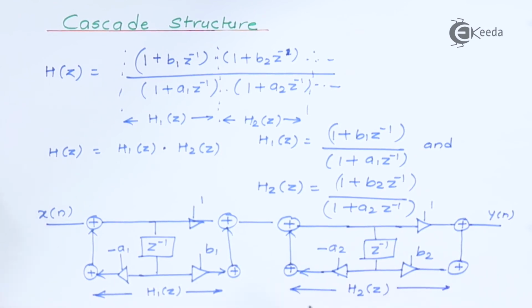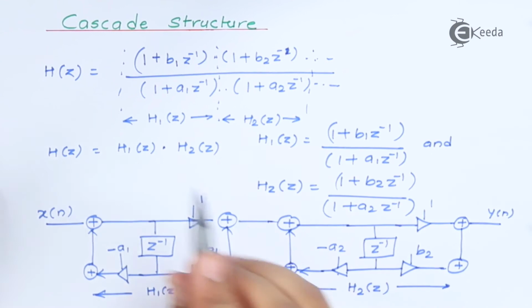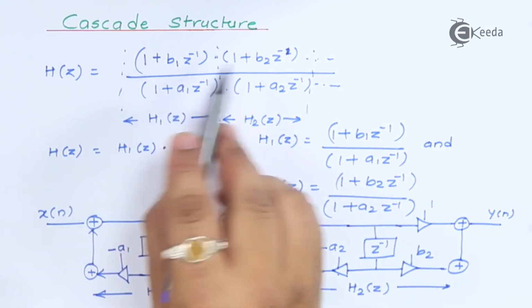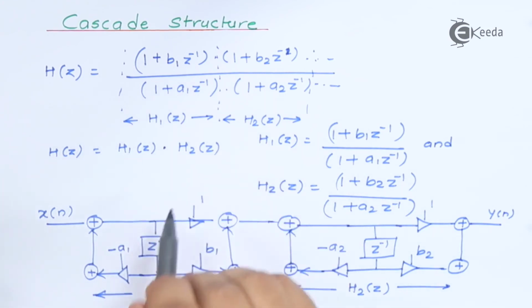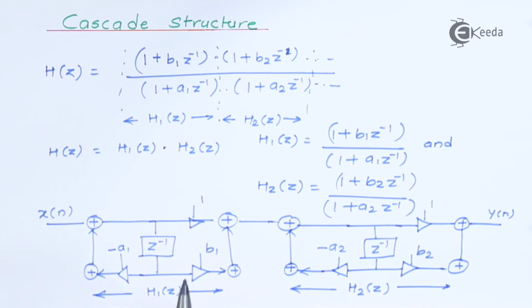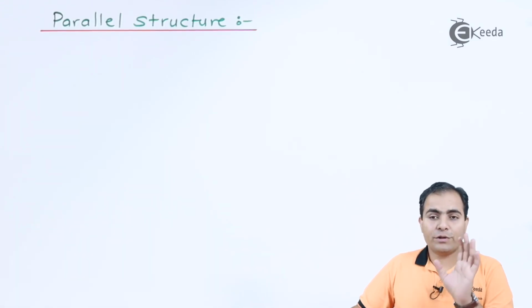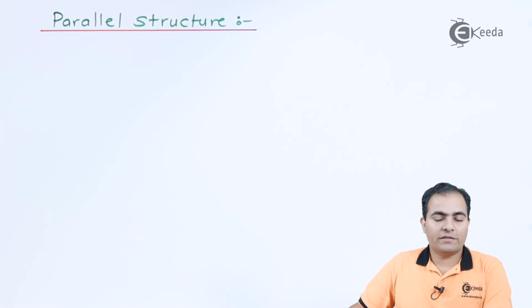So this is how we are going to plot the cascade structure. Only the thing is you have to factorize the numerator as well as the denominator. Now I'll show you how to obtain a parallel structure. First of all, parallel structure you can obtain by taking a partial fraction.